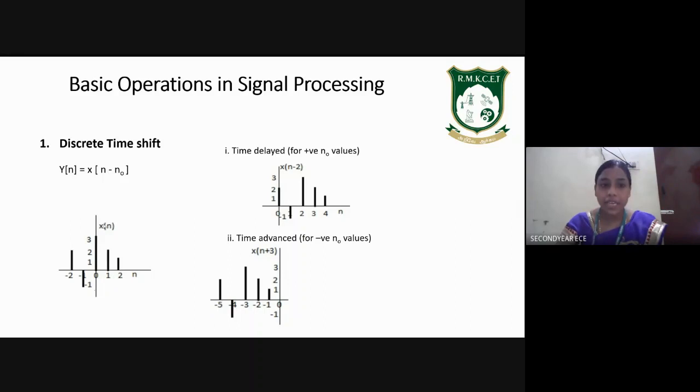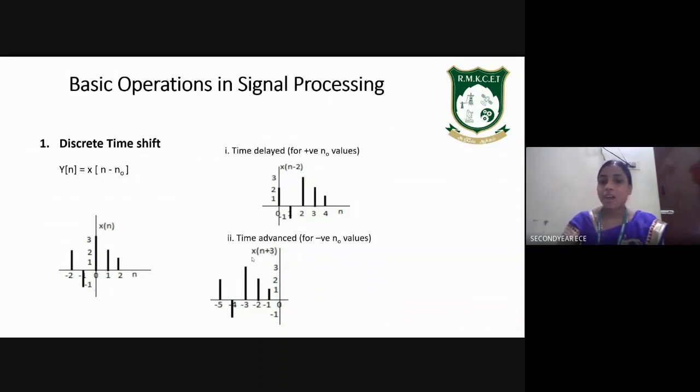If we shift it by plus 3, you have to substitute n is equal to 0, 1, 2, 3, and n is equal to minus 1, minus 2, minus 3, minus 4, and minus 5.